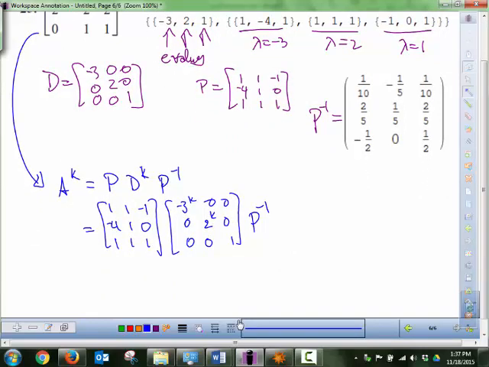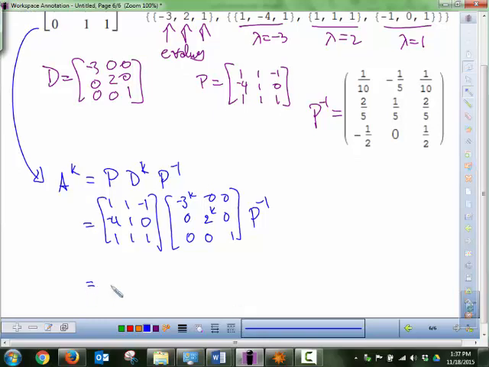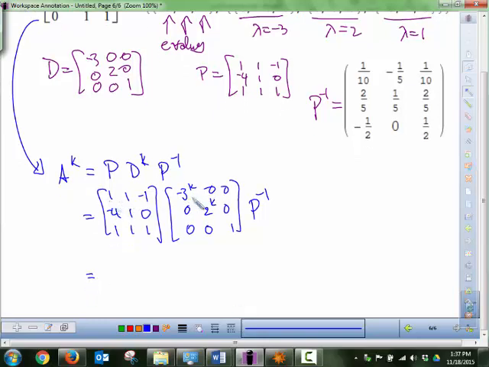So the idea is we want to multiply this out. So we can multiply this out. Can we? All right. So the first one, multiplying out with a diagonal matrix isn't bad. When we start multiplying it with this other matrix, then it's going to get really messy. But for now, let's just multiply this out.